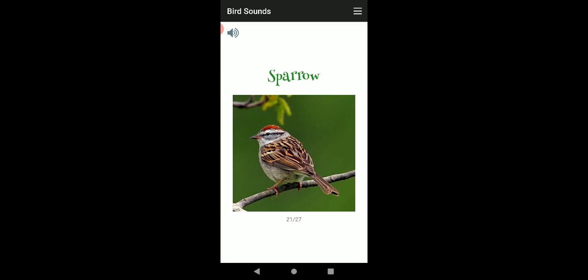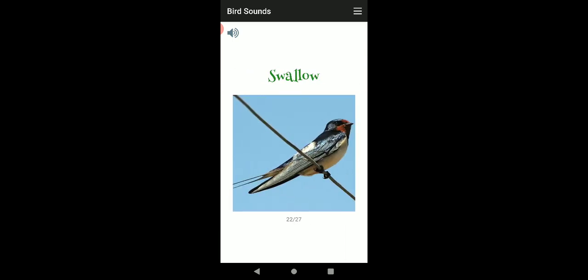Sparrow. All of you are familiar with the sound of sparrow? How does sparrow make sound?